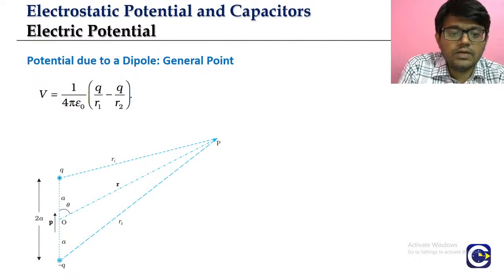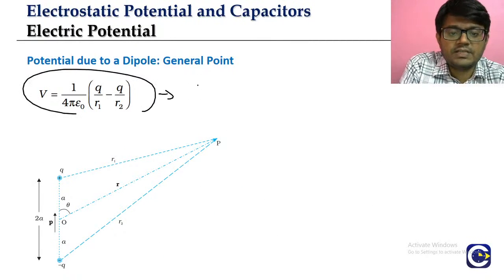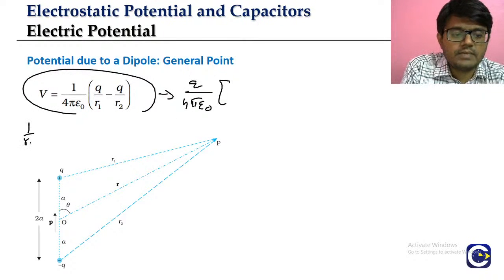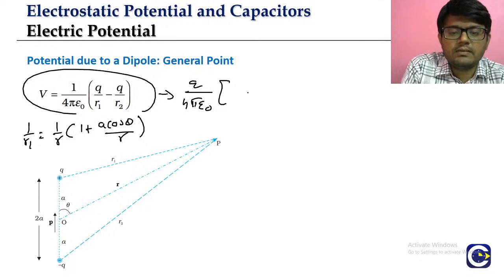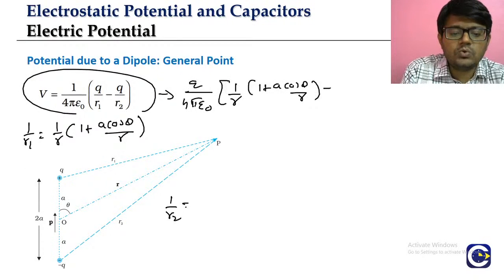Okay, so in this simplified potential formula, taking q common, we have 1 by 4 pi epsilon naught. What is 1 by r1? 1 by r into 1 plus a cos theta by r, minus, what is 1 by r2? 1 by r into 1 minus a cos theta by r.